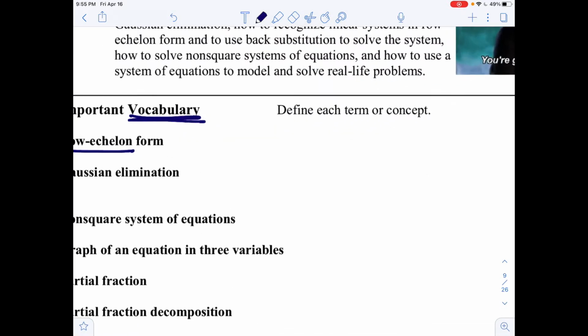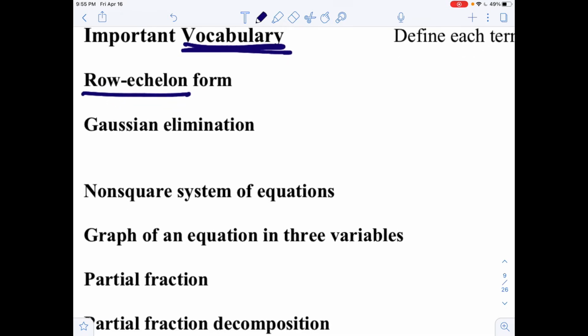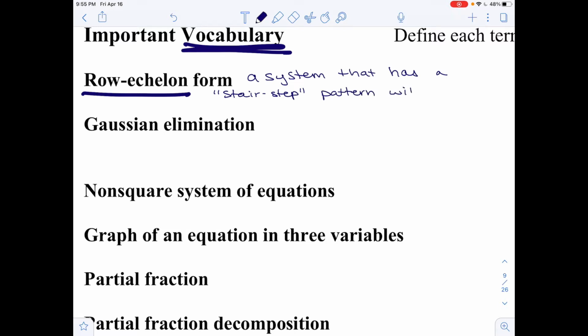And what row echelon form, I'm going to zoom in here, is a system that has a stair-step pattern with leading coefficients.